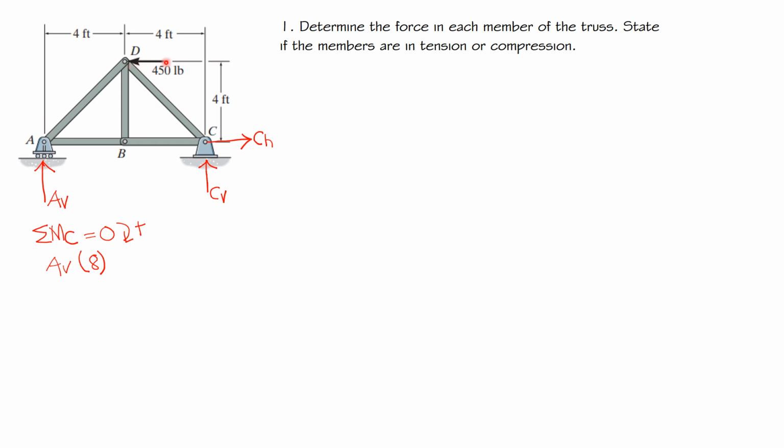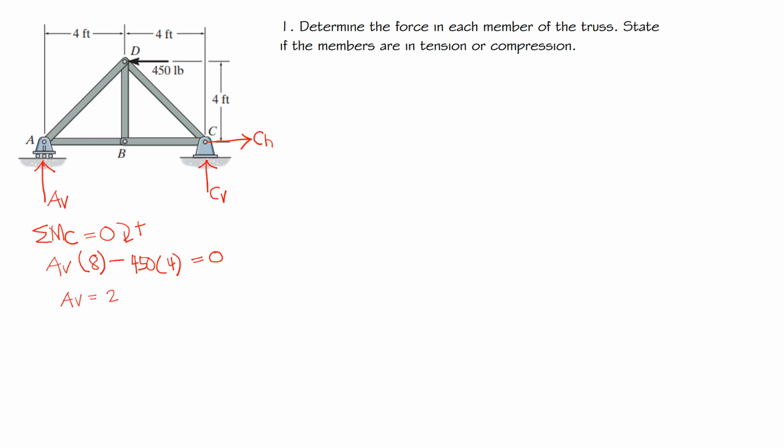And then considering this horizontal force, summation of moment of this force at point C. So the direction is counterclockwise. So that becomes negative, because our assumption is clockwise direction positive. So that becomes negative 450 times the perpendicular distance, which is 4. And there are no other forces, so that's equal to 0.